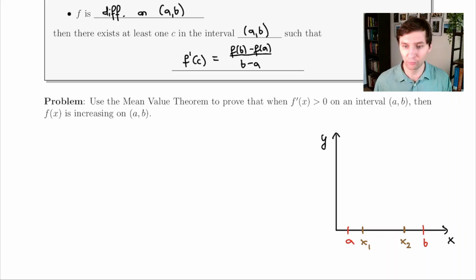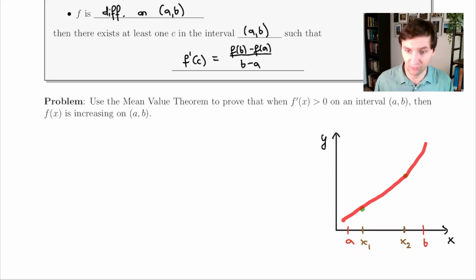No matter which 2 points I choose between a and b, the function will be increasing if the value of the function at x1 is less than the value of the function at x2, where x1 and x2 are arbitrary 2 points between a and b, such that x1 is less than x2. Because that way, the function will be increasing.